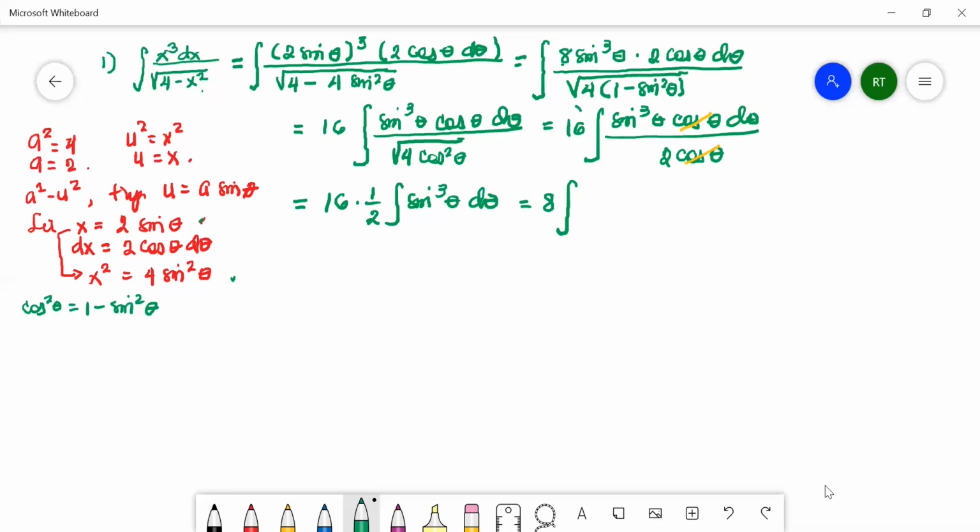So if we split off a sine of theta, then the integrand is written as sine square of theta times sine of theta d theta.